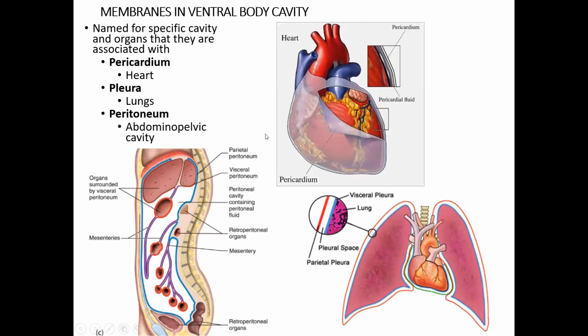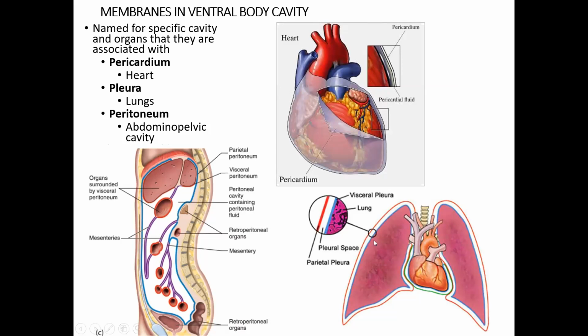So we have this, for example. Here is the pericardial cavity surrounding the heart. We have the visceral pericardium on the surface of the heart. This layer here is what we call the parietal pericardium, and we have serous fluid in between. So we don't want friction when the heart's contracting.